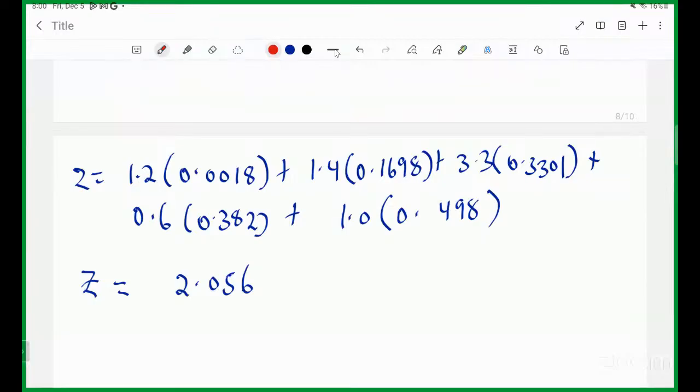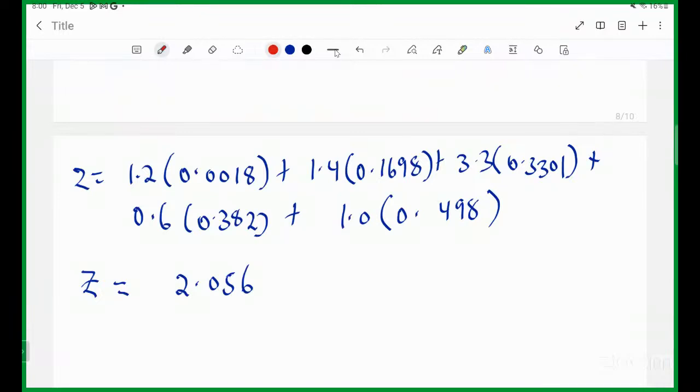Is this company under distress? Where does it belong with this figure? The gray zone.